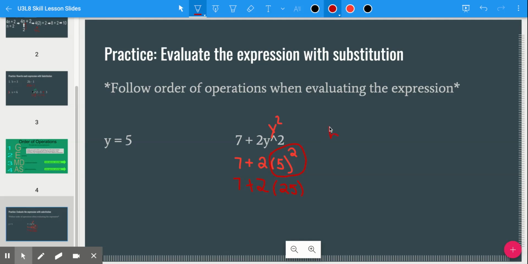Remember, 5 squared, exponents are repeated multiplication, so it's not 5 times 2, that's just regular multiplication. When it's repeated multiplication, the base is being multiplied by itself as many times as the exponent says. So in this case, we're only doing it twice. 5 times 5, which is equal to 25.